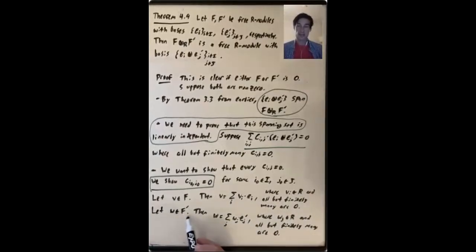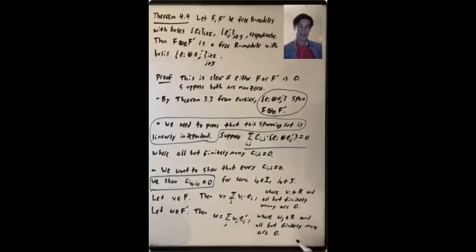Similarly, if w is an element of F', that's also a free R-module, and we have a basis for it. We can write w as a finite R-linear combination of our basis vectors. So w is a sum over j of w_j times e_j', where w_j is a ring element, and all but finitely many of these are 0.